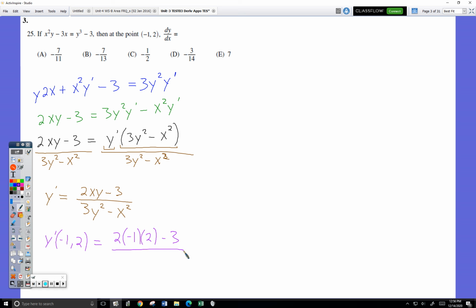The brown is the equation to find the slope at any xy pair, and the purple is the equation to find the slope at the coordinate pair (-1, 2). Nicely said. So it's negative 7 over, let's see here, 2 squared is 4, times 3 is 12, minus 1 there. It's 11, negative 7 over 11.